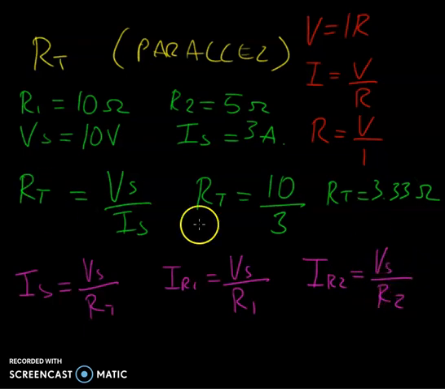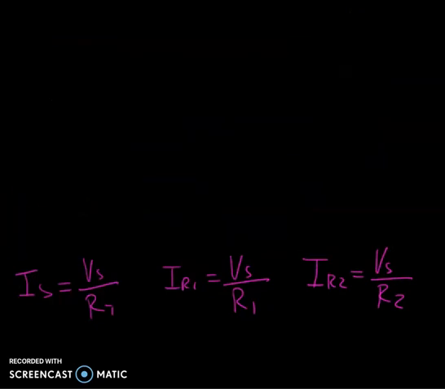We then need to take this piece of information and bring that into our next section, where we say IS is equal to IR1 plus IR2. The current through this whole circuit is equal to the top branch plus the bottom branch. And we know that these values are the same. Note this VS is the same in each one, it's just the bottoms that change.